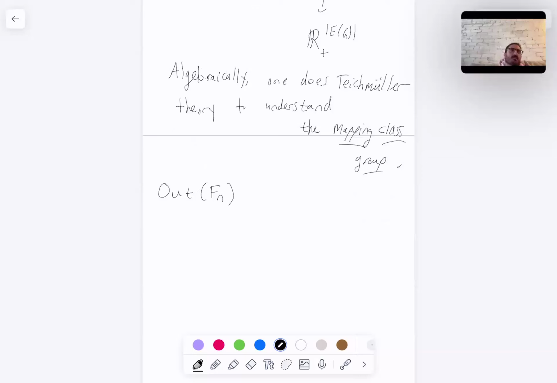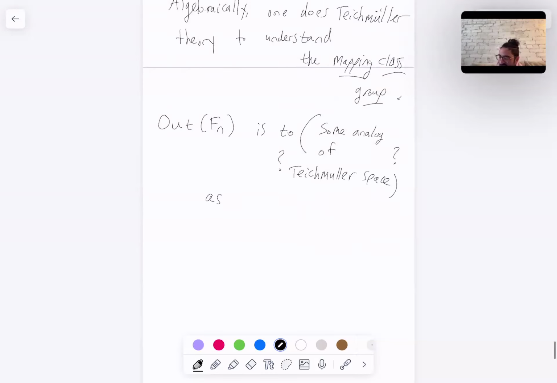And so the outer automorphism group is much larger, much less well behaved, and much harder to control. But the analogy is as follows: Out(Fn) is to some analog of the Teichmuller space that we've yet to define, so I'll put question marks here, as the mapping class group is to Teichmuller space.